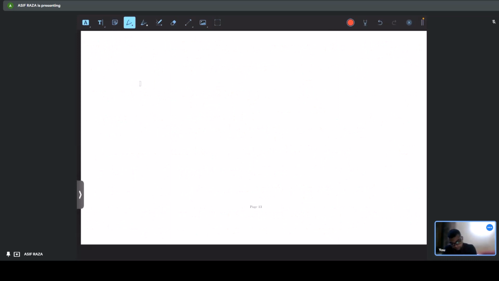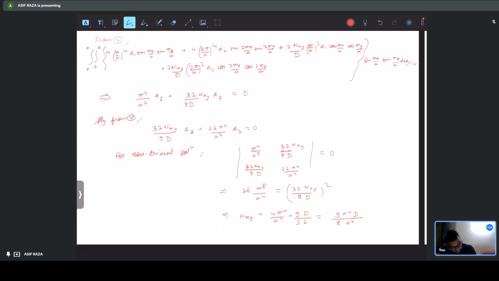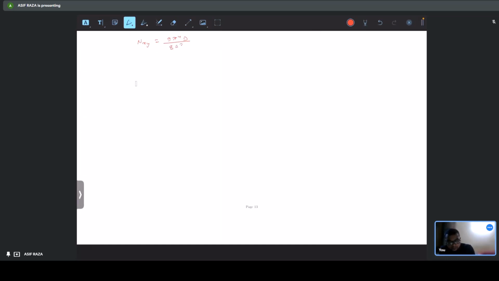Now, so I got my nxy as 9 pi by 8 d by a square, and we have d as E h cube by 12 (1 minus mu square), and nxy as sigma xy times h.